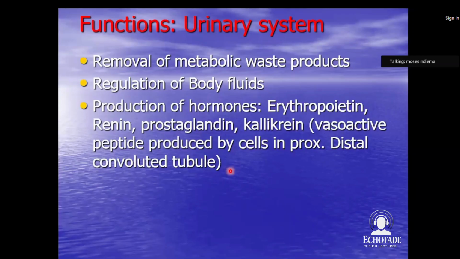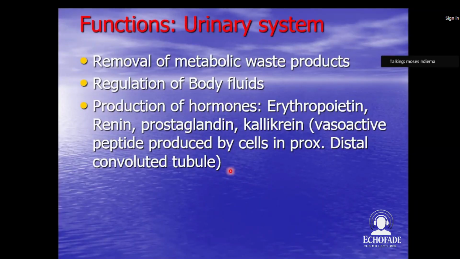The production of hormones: we've already looked at the endocrine functions of the kidney. And if you remember, we talked about erythropoietin, when we were talking about the formation of the blood cells. So erythropoietin is very, very important in the formation of the blood cells.